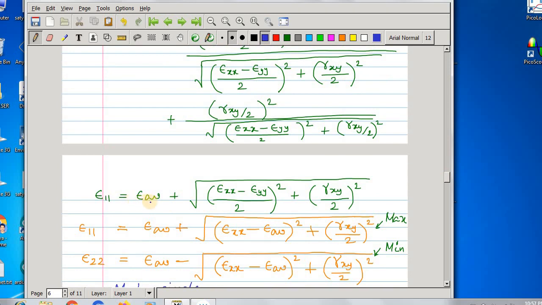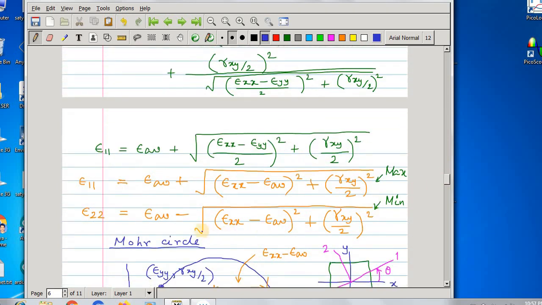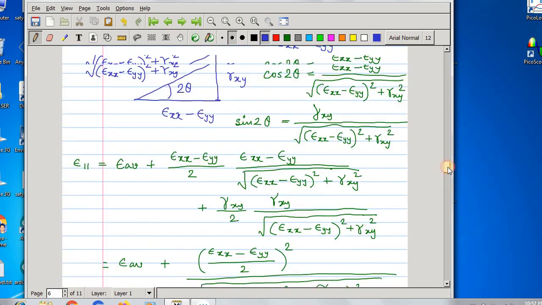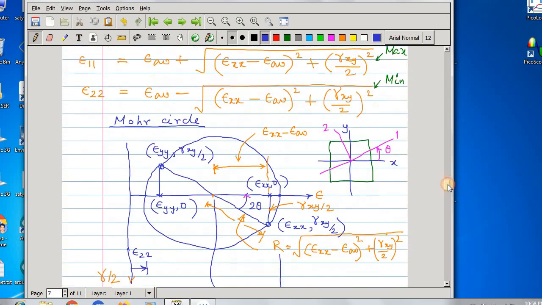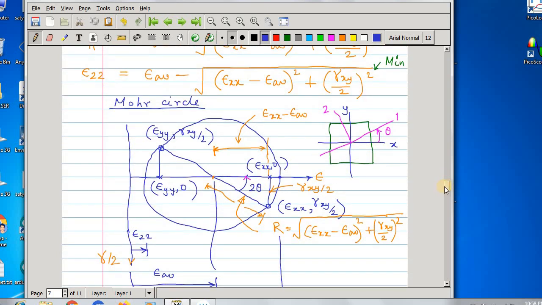So epsilon 11 is epsilon average plus this, and epsilon 22 is, in the epsilon y dashed y dashed expression you put these values of cos 2 theta and sin 2 theta, and you get this. So this is the maximum principal stress and this is the minimum principal stress. You can also find it from the Mohr circle.